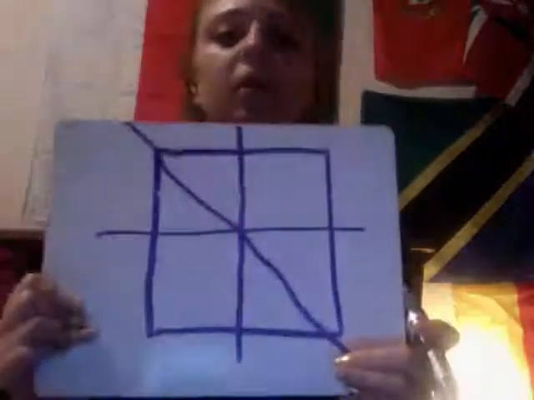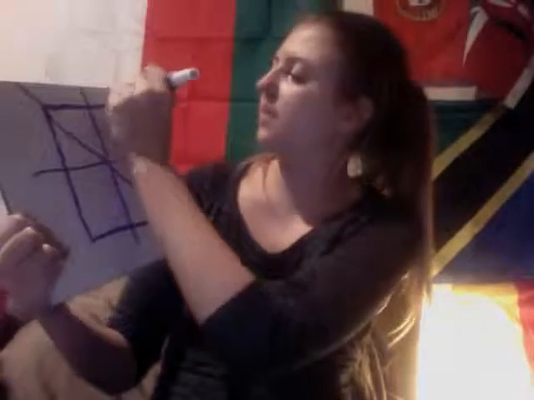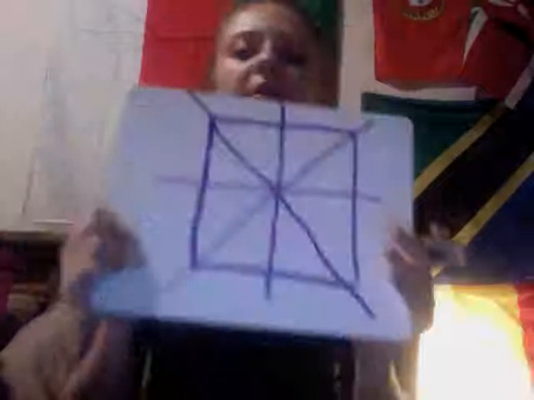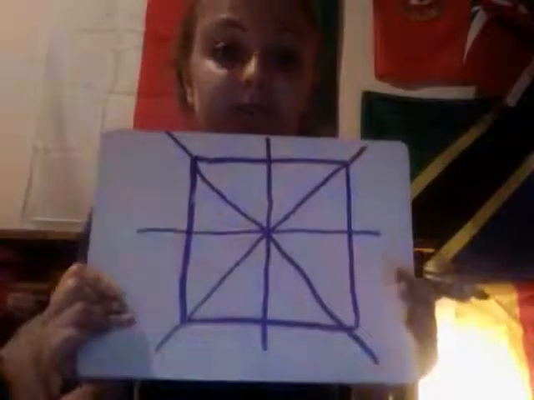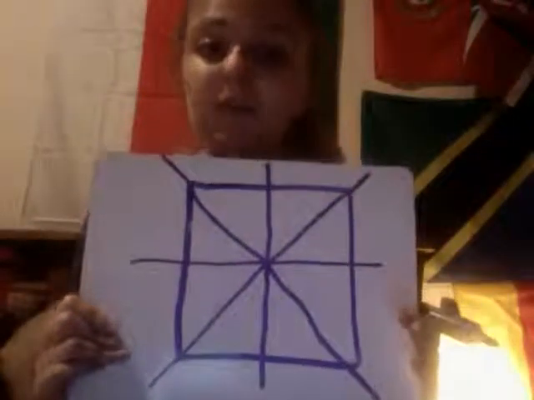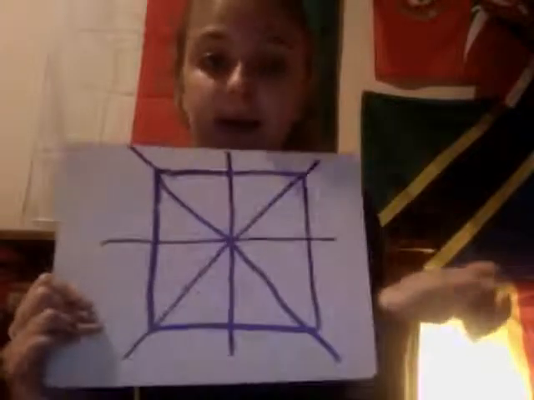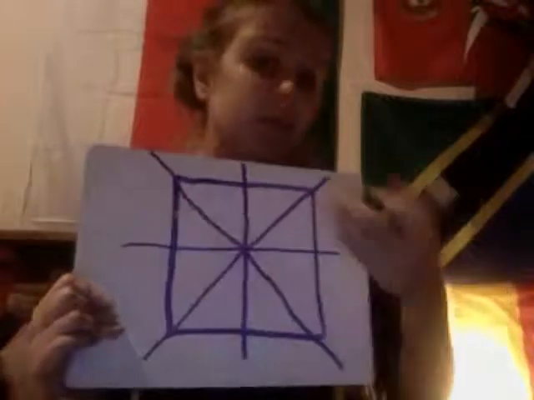Okay, and then we could do it on the other side. And there you go. Those are the lines of symmetry. Okay, so remember, symmetry means the same. So where could I put a line where it would look the same on both sides?